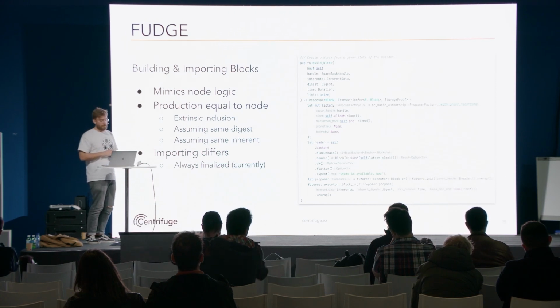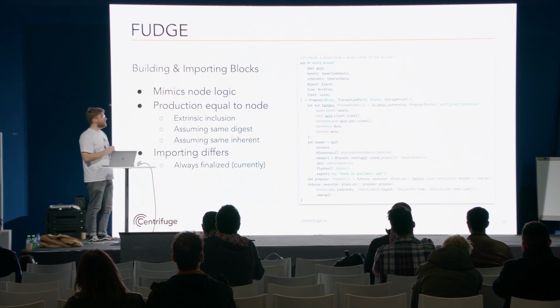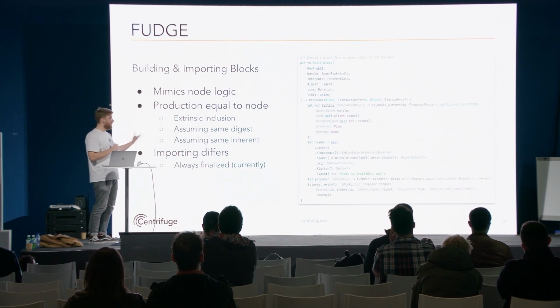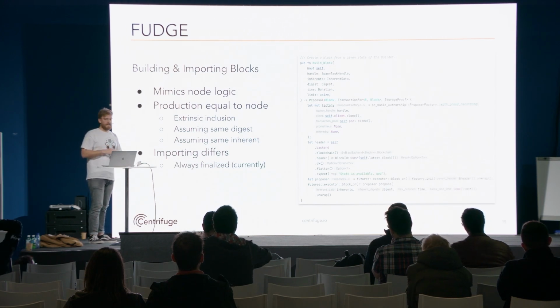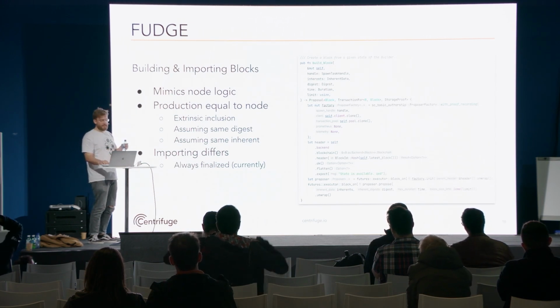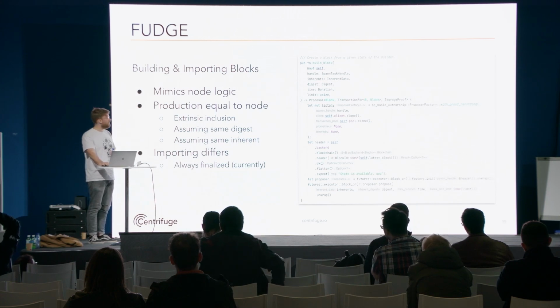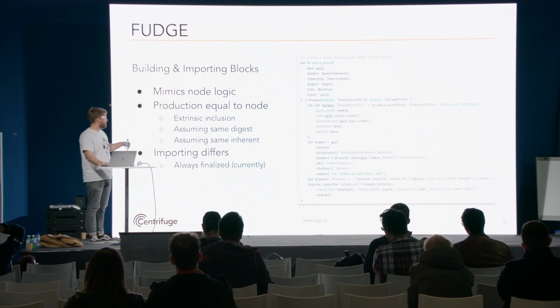As you can see, the function expects you to provide correct inherent and digest information, a time for how long it should take, and a limit. And then we simply build it and propose it.